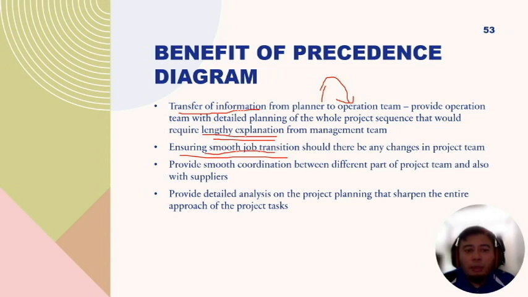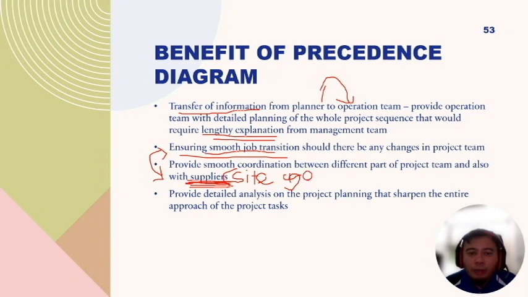And thirdly, it provides smooth coordination between different parts of the project team. It is similar to the previous one. Once you have a smooth transition, the coordination will be smooth between the project teams. This one we covered for the suppliers. The suppliers know when to supply the material, but usually this is covered by the site agent. The site agent usually does the procurement or ordering of material to site.